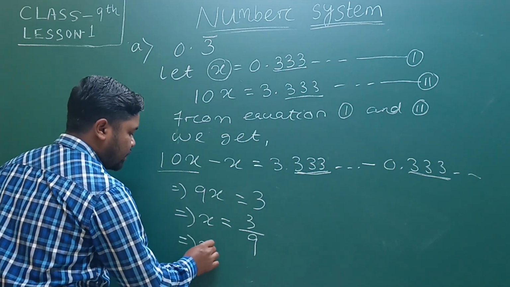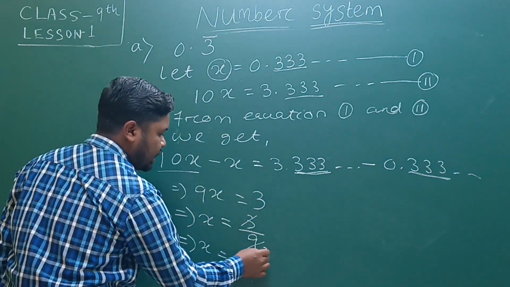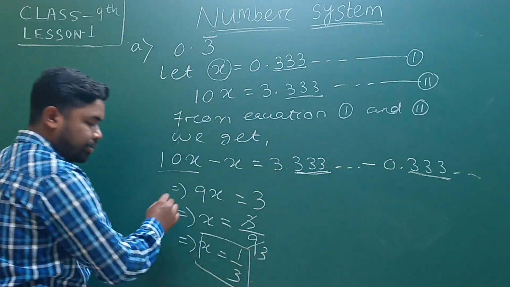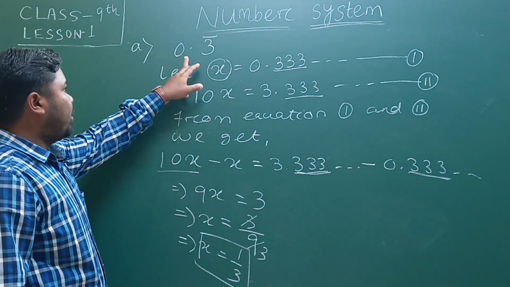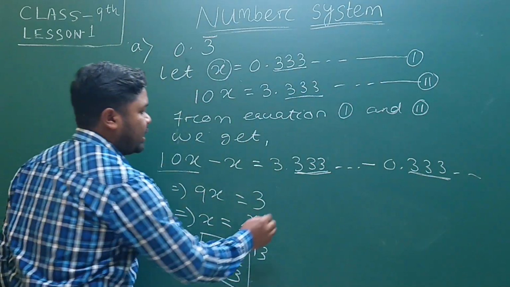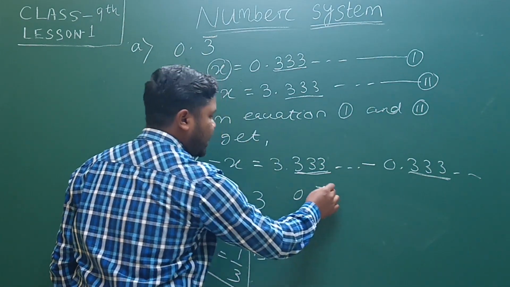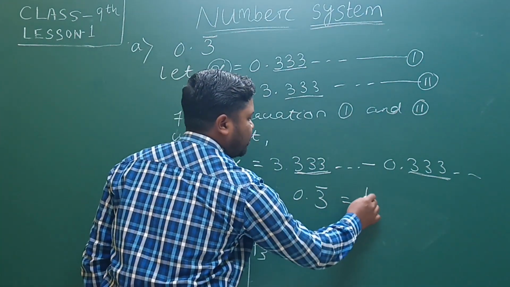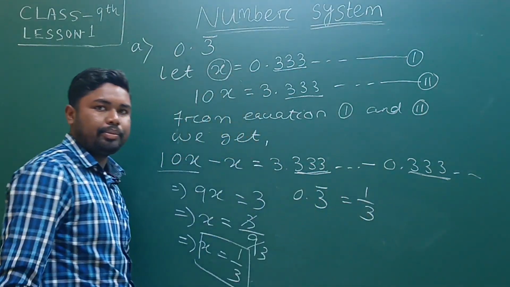So x equals 3 over 9, so we get 1 by 3. So our decimal number 0.3 repeating can be converted into the fraction 1 upon 3.